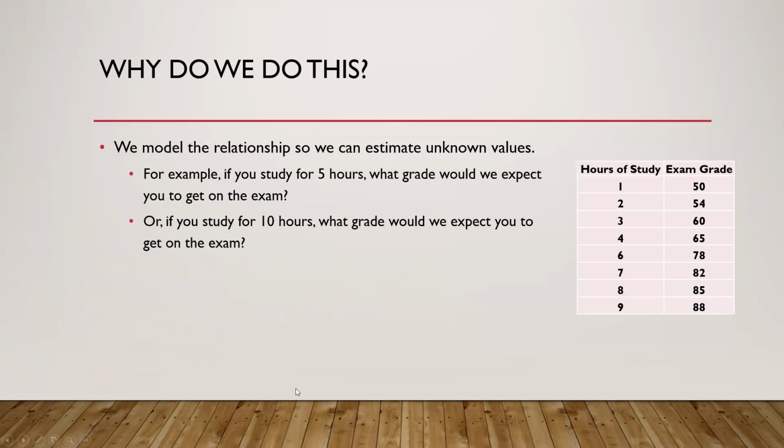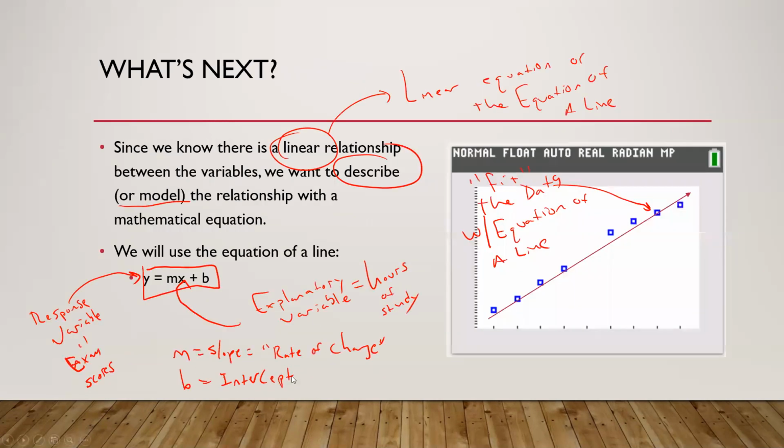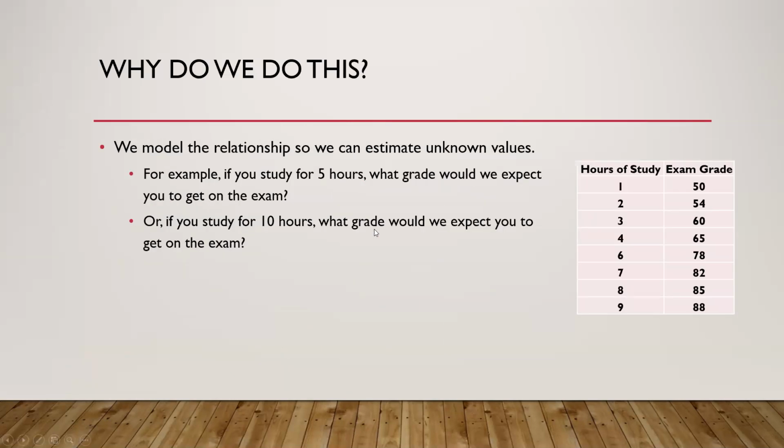Why might we want to do this? Okay, why might we want to find this equation, this y is equal to mx plus b for this line right here? So what we use this regression line for is to estimate unknown values. For example, if you look at the chart here, is there any value of 5 here?